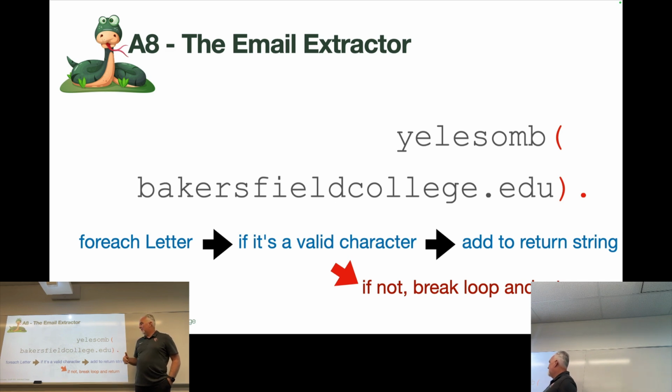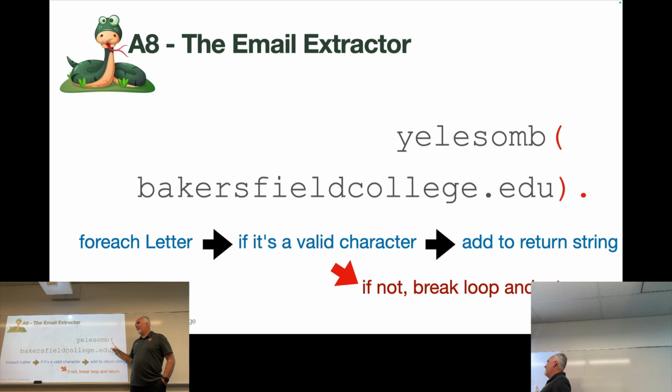Now I want you to notice I have 2 strings that I can use a single algorithm to solve, right? All the step-by-step rules are, you go 1 letter at a time, and you keep each letter if it belongs in an email address.